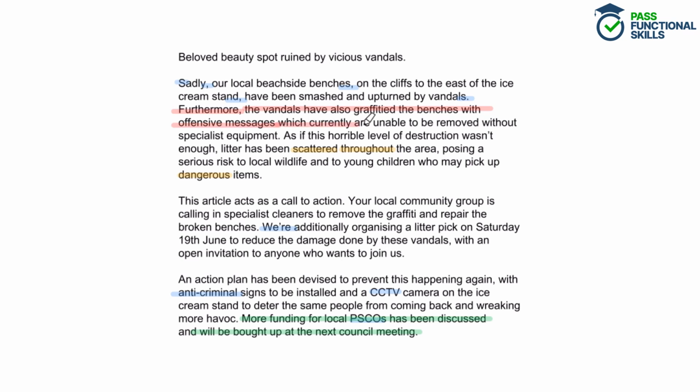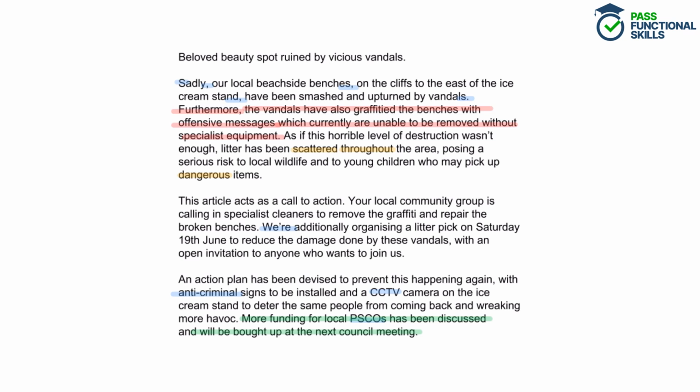And then which currently are unable to be removed without specialist equipment. So from this, it's really easy for the reader to understand that there has been graffiti on the benches and offensive messages have been written, and these can't be removed without specialist equipment. So all of that makes perfect sense to the reader.